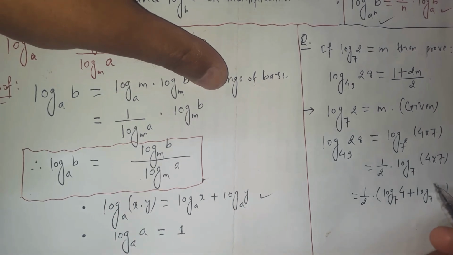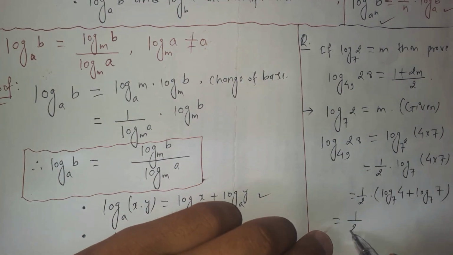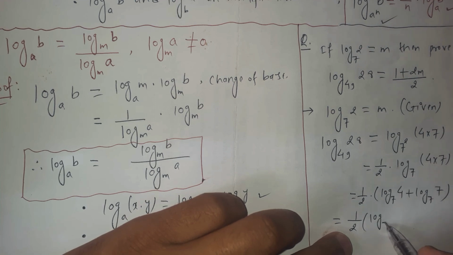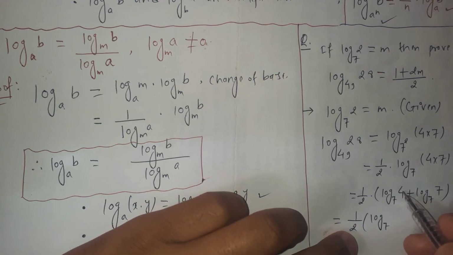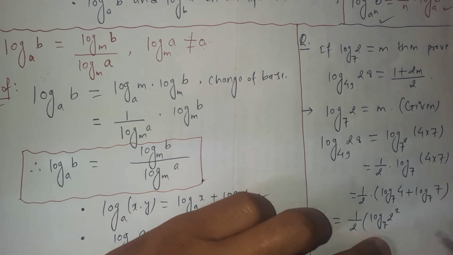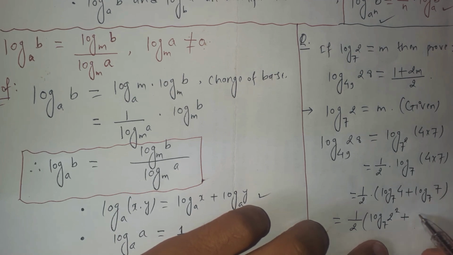Here is the same form in the second term, so we can use that concept: 1 over 2 times log with base 7, and this number 4 can be written as 2 raised to the power 2, plus log of 7 with the same base, which will be 1.